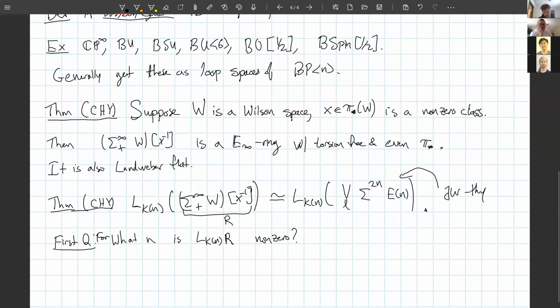But for particular cases, like where we put in CP infinity and inverted the degree 2 class, we got KU out, and the K(2)-localization of KU vanishes.